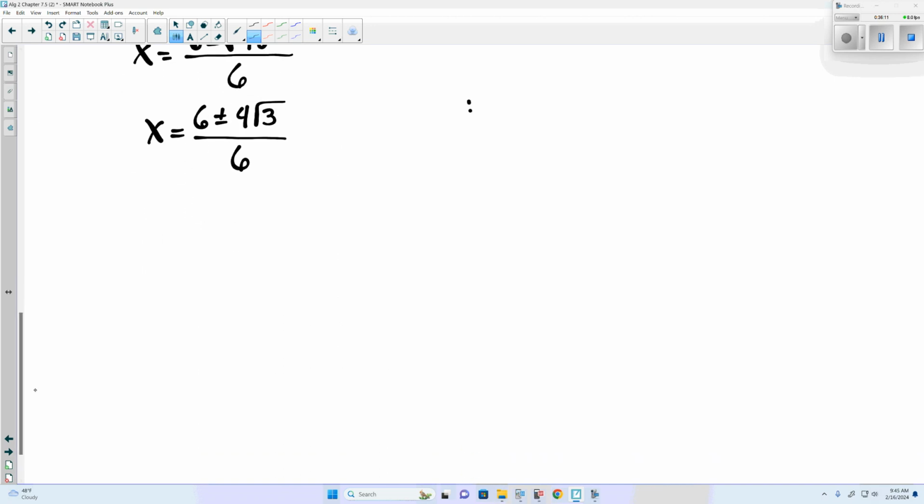Questions on this here before we do the last step, and it's not so much anything solving, just simplifying. We feel comfortable with this here? Do both numerators have a common factor with our 6? 6 with 6, and 4 and 6 have a common factor of 2. So everything divides by 2, which is going to turn the denominator 6 into 3, the numerator 6 into 3, and our 4 into 2.